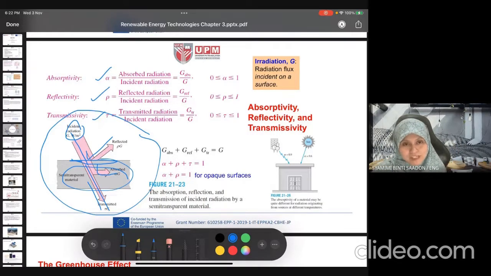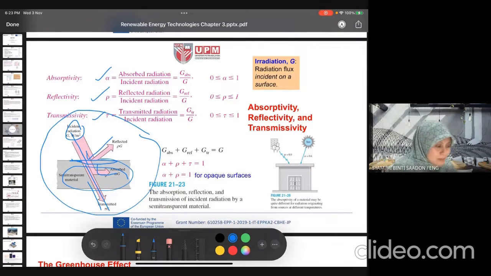Different materials have different absorptivity, different reflectivity, and different transmissivity. But the total of alpha, rho, and tau will be equal to 1. That means it equals the total initial radiation from the sun, or from the sunlight outside.